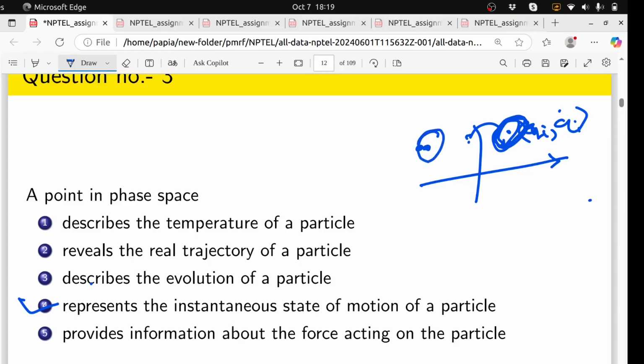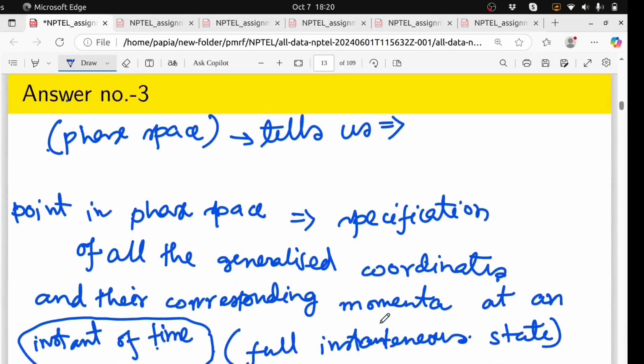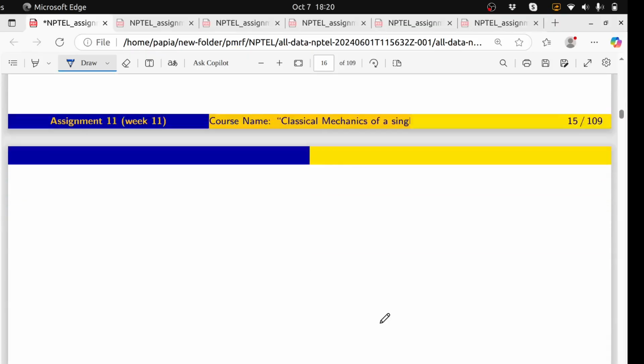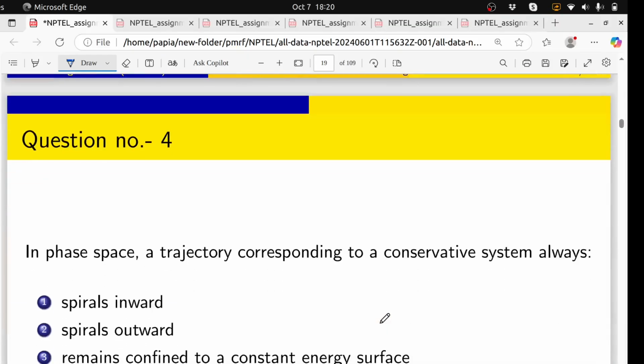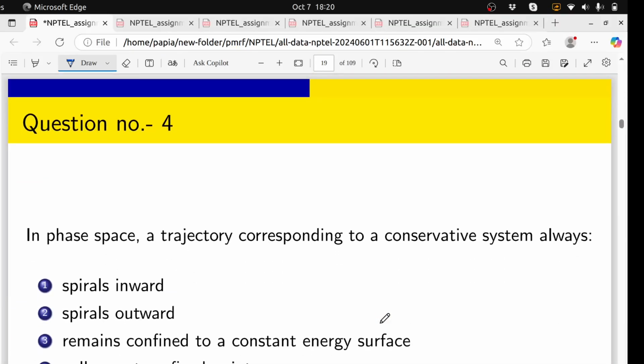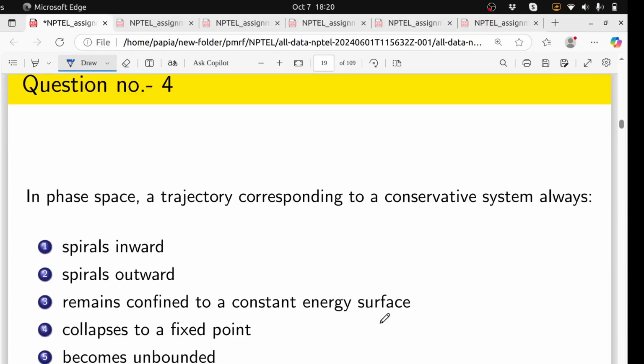So at t equals t prime, the motion of the particle is given by the q and q dot in the phase space diagram. So phase space basically represents the instantaneous state of motion of a particle, not the full trajectory. It does not depend on the temperature or time itself. Now coming to question number 4.